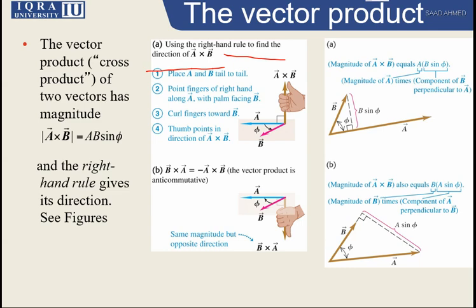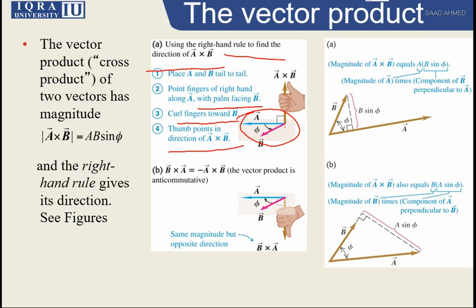We have again two vectors A and B, you can see here, and they are placed tail to tail. Place the fingers of your right hand along A with the palm facing B. Curl the fingers towards B, as shown in the figure, and the thumb points in the direction of A cross B. This is the right hand rule.